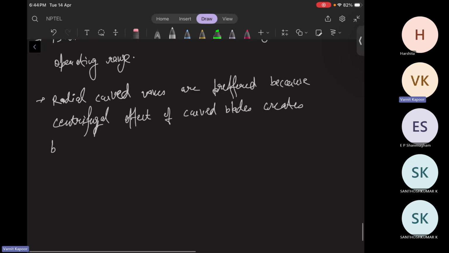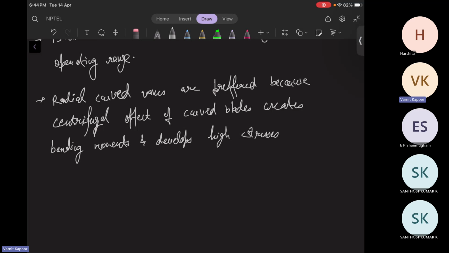So you always have to see from the design aspect of the machinery also. It creates bending moments and develops high stresses which may damage the blade profile.